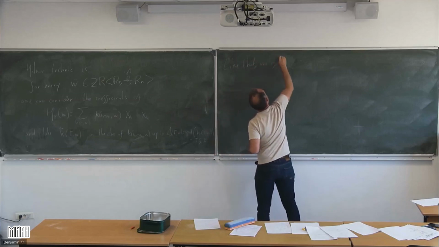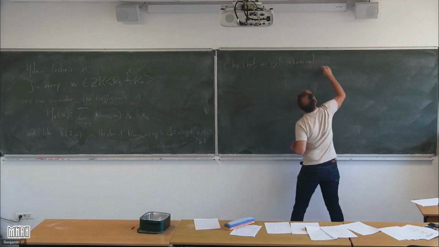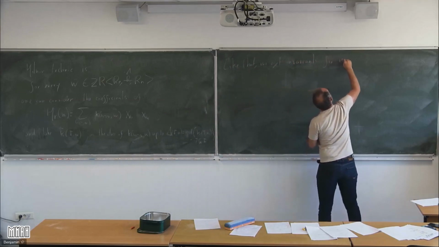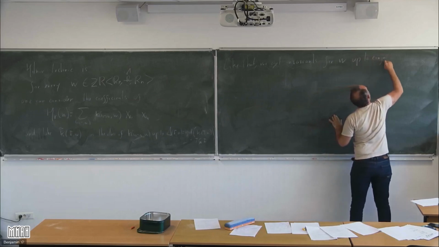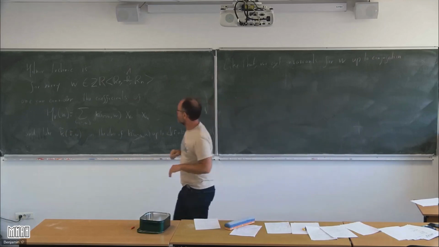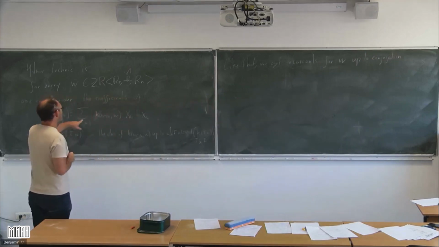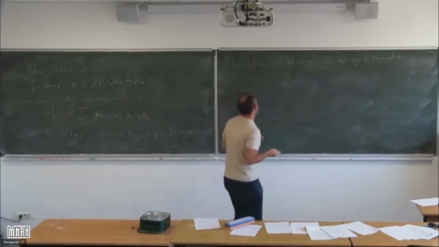Like that, you get invariance for W up to conjugation. And you also get numerical invariants. So we can do this for what we have done.